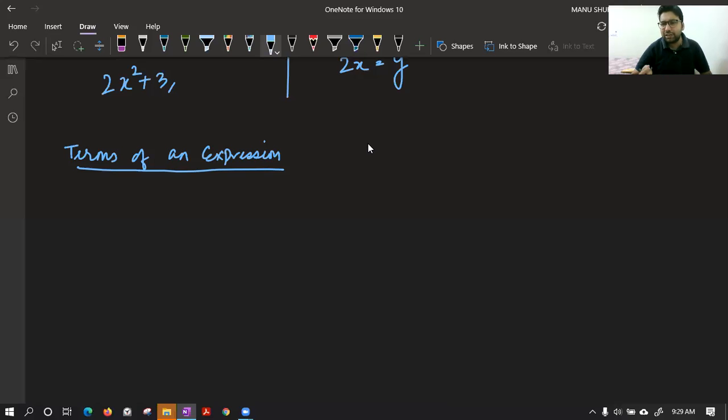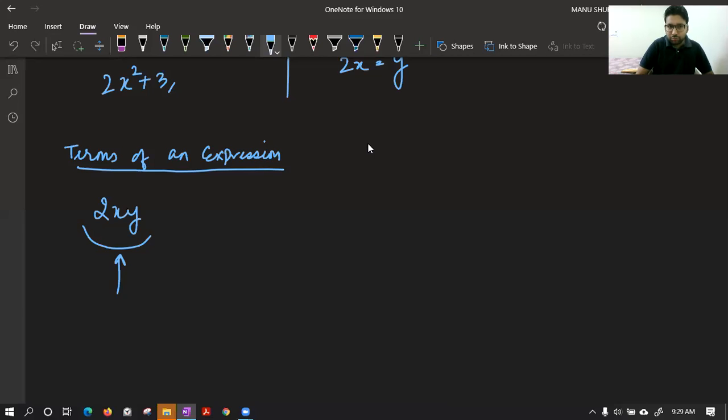In the NCERT, they are giving a definition also for this. They are saying terms are something which when added, they become an expression. So like this, 2xy is a single term. Class, try to understand. 2xy is a single term.